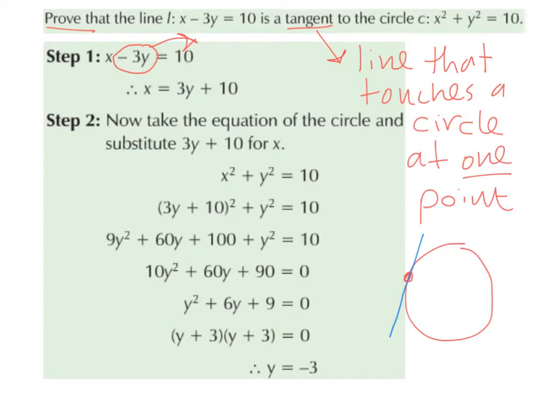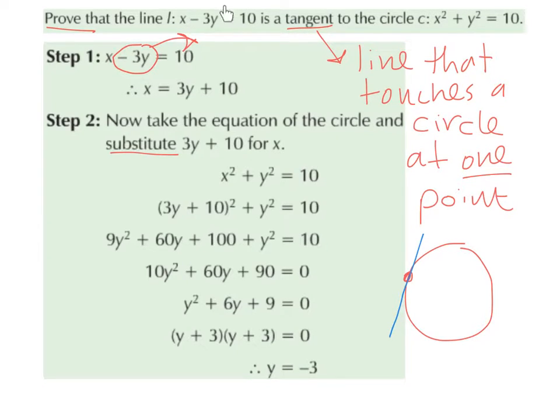Now we're going to substitute 3y plus 10 in place of the x in our circle equation. We swap that x for 3y plus 10 with brackets around it, and make sure to add in the squared. So step 2, now take the equation of the circle and substitute 3y plus 10 for x. We always substitute the linear equation into the circle equation.